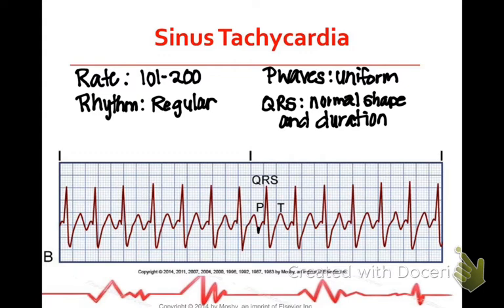So just keep that in mind. But your book has, I think, sinus tachycardia as it could be up to 200, so 101 to 200. But typically, you'll see it get up to 150, and then above that, it's kind of hard to read, so they might call it SVT.